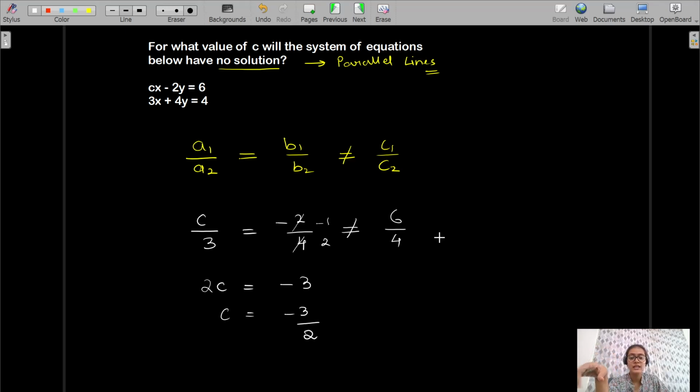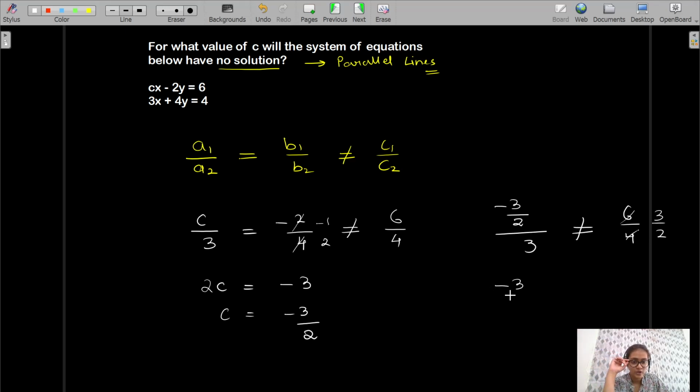Let's put C equals negative 3 over 2, and check that this should not be equal to the third ratio. So negative 3 over 2 over 3 should not be equal to 6 over 4. 6 over 4 can be simplified to 3 over 2, and this one is negative, so it's definitely not equal to 3 over 2.